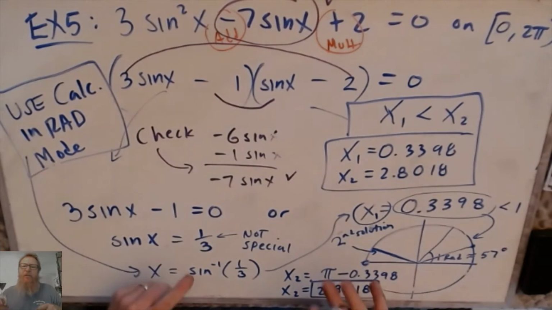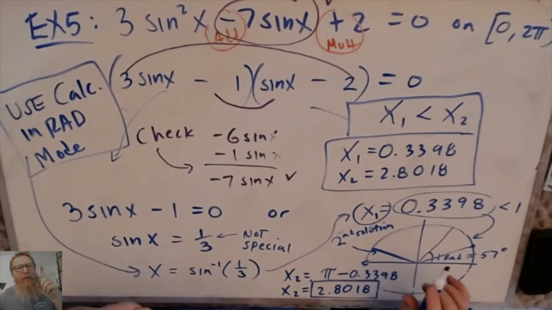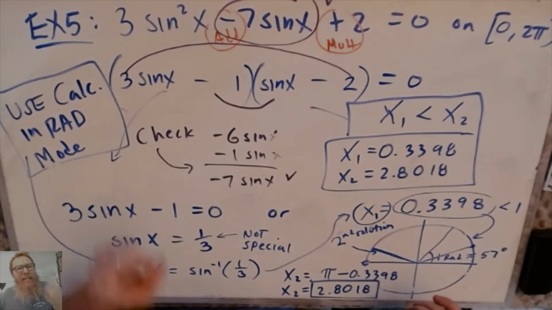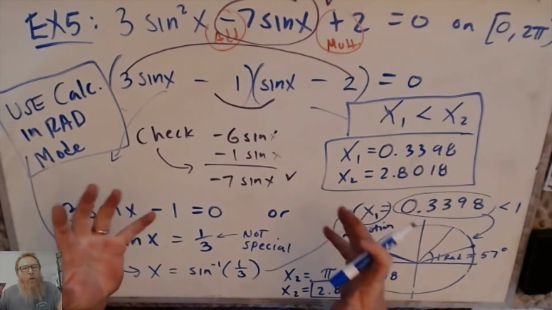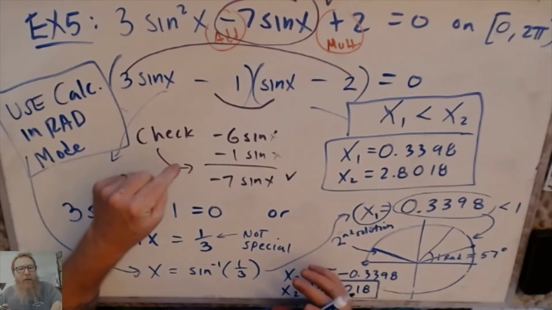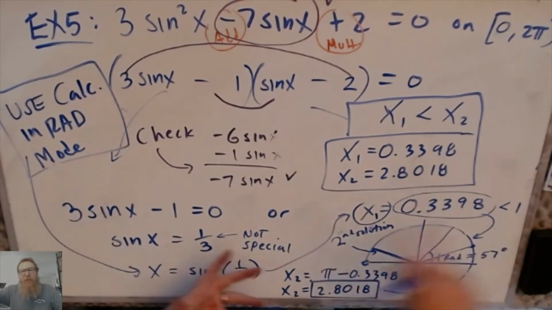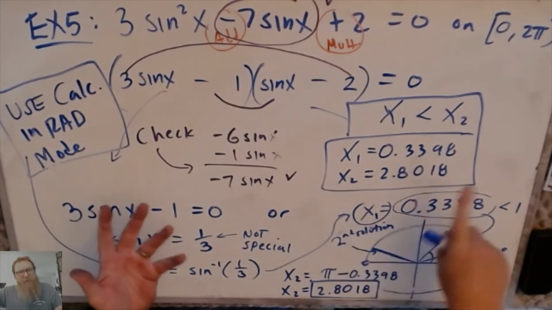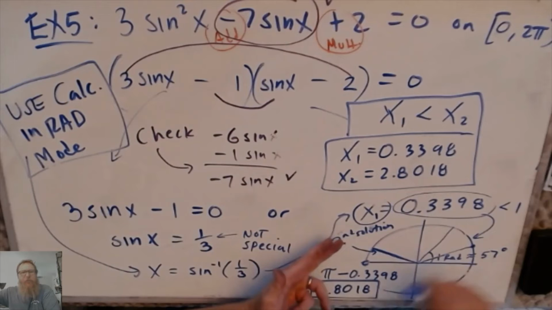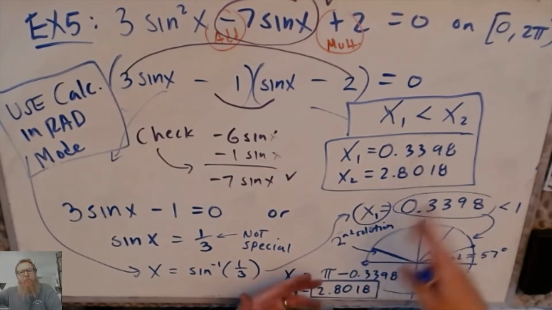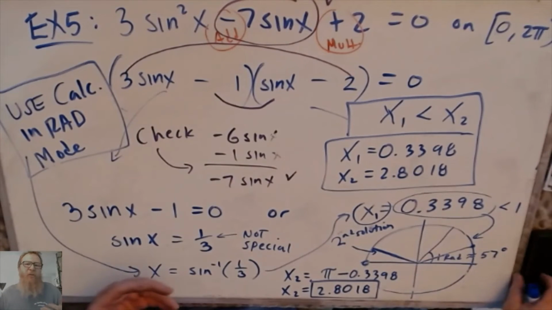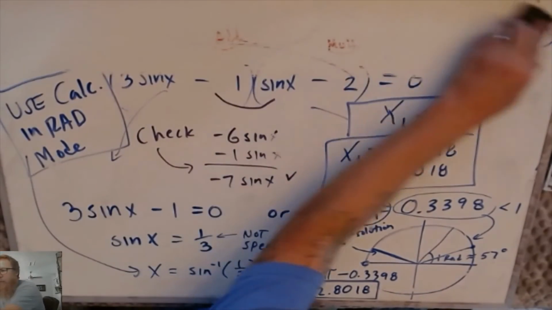And when you use the calculator, remember the calculator only gives you one solution. It's an inverse function. An inverse function is 1-to-1. It means that one input gives you one output. But the unit circle often has more than one solution, so you have to go back to trigonometry and remember to recover the second or sometimes the third solution, whatever the case may be.